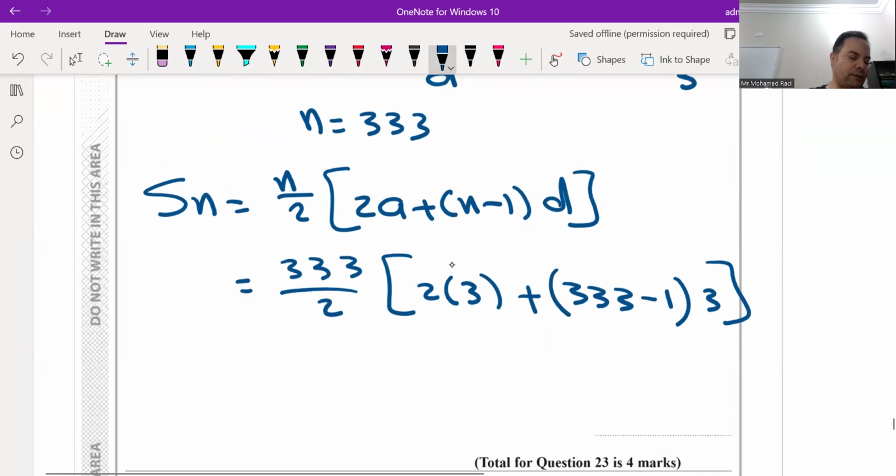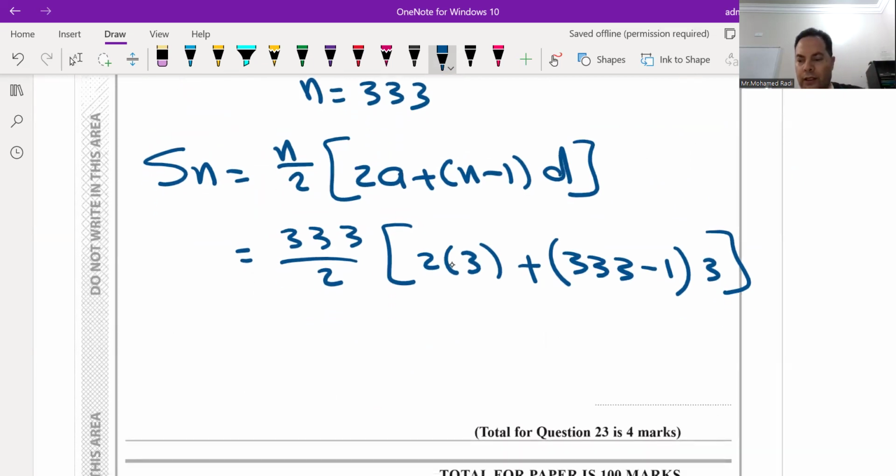So the total summation is 333 divided by 2 times the bracket 2 times 3, which is 6, plus 332 times 3. The final answer will be 166,833. This is the total summation.